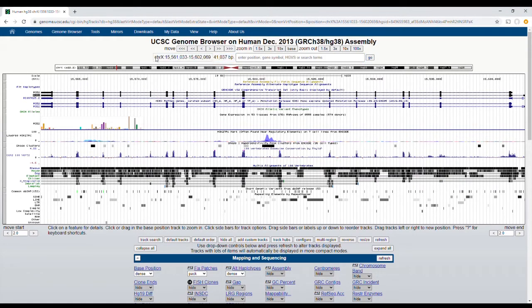It's going to give me chromosome X from base pair 15,561,33 to 15,602,069. And so that's found within a range that is approximately 41,000 base pairs.